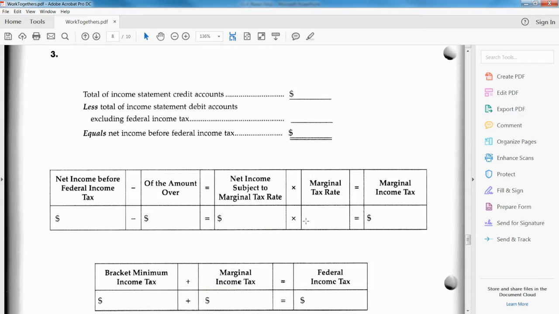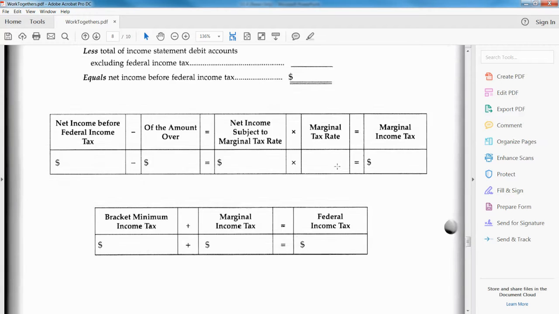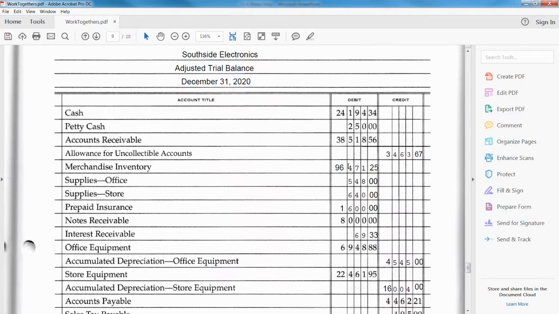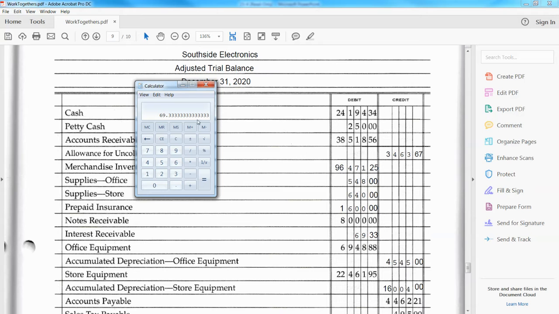And the first thing I need to do is total the income statement credit accounts. So I'm going to go back to the adjusted trial balance and get my calculator, and I need to add up all of the credit column.